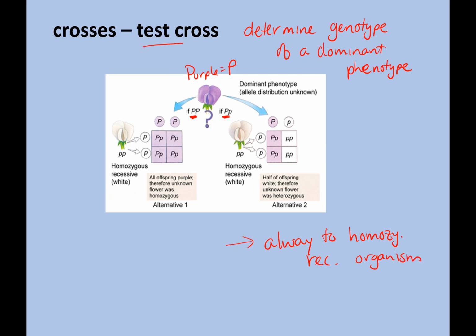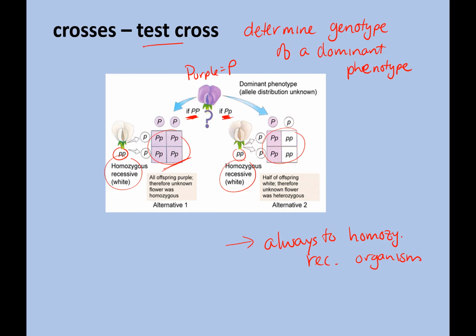Okay? Always. So for these flowers, little p is the homozygous recessive. And you do this cross because it will show you in the offspring that if the dominant phenotype was due to a homozygous dominant genotype, you're going to get, in this case, all dominant looking offspring.